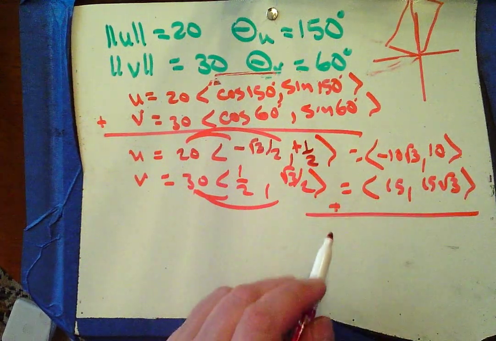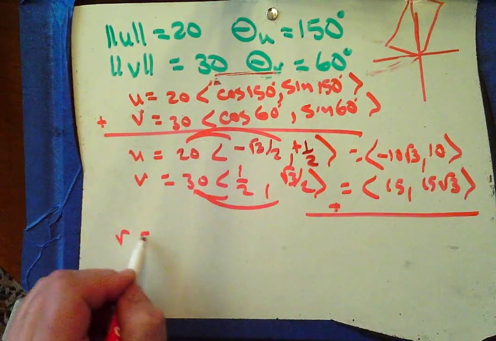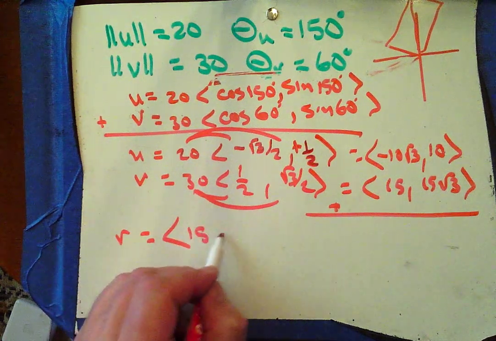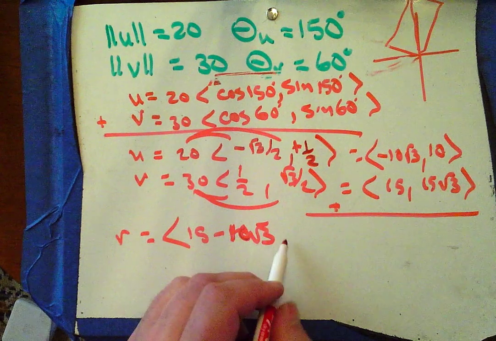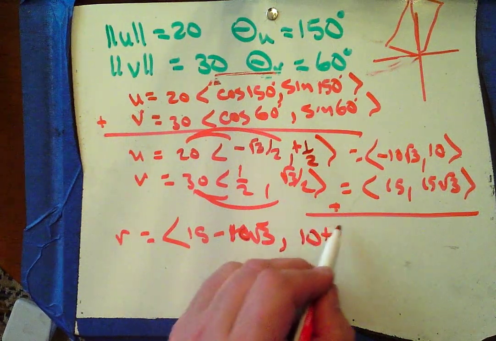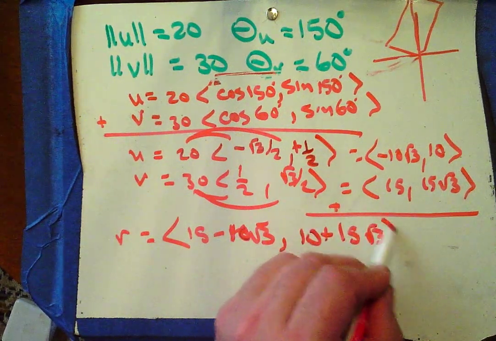And this is what we want to add together. R could be described as 15 minus 10 root 3, comma, 10 plus 15 root 3.